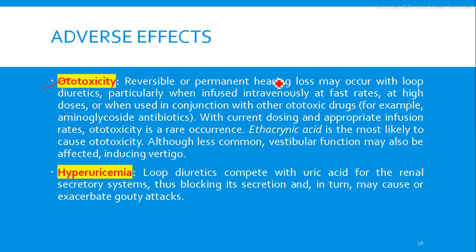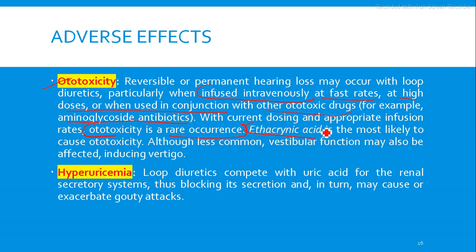Reversible or permanent hearing loss may occur with loop diuretics, particularly when infused intravenously at very fast rates at high doses, or when used in conjunction with other ototoxic drugs, examples of which are the aminoglycoside antibiotics. With current dosing and appropriate infusion rates, ototoxicity is a rare occurrence with the loop diuretics.